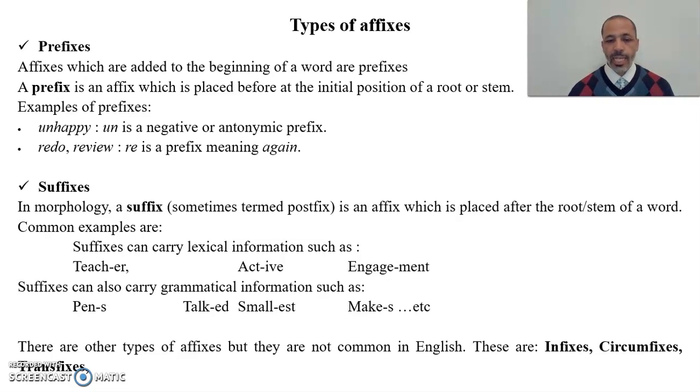All these are called suffixes. Suffixes can also carry grammatical information such as pens, s at the end of pen, talked, ed at the end of talk, smallest, est at the end of the adjective small, makes, and so on. All these are types of suffixes.